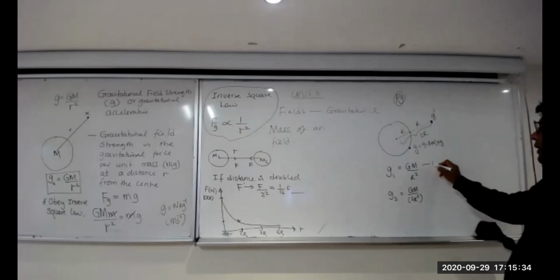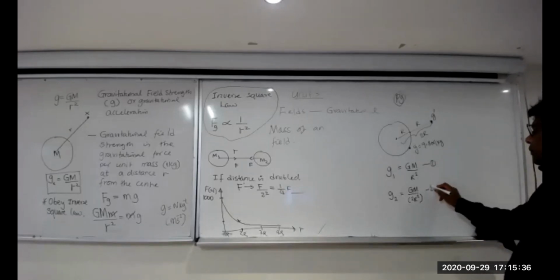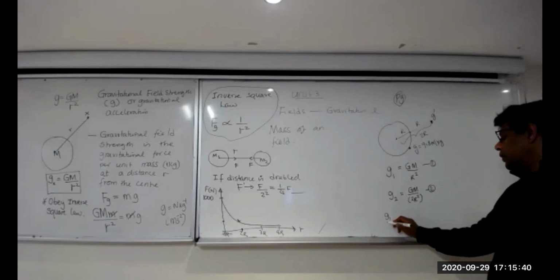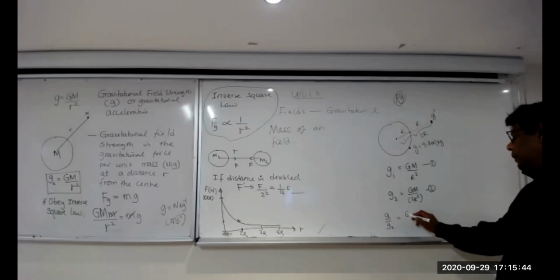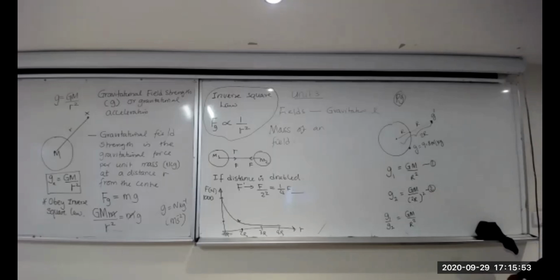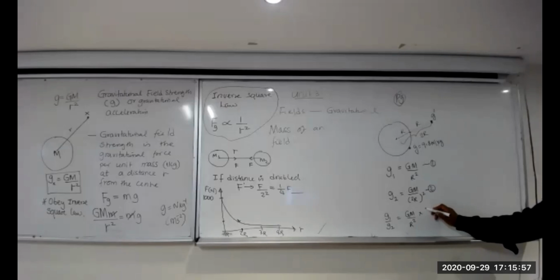If we take a simple ratio between the two, g1 on g2, then when you simplify it, the 2r comes to the top.